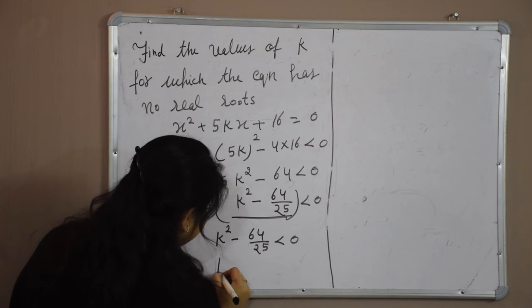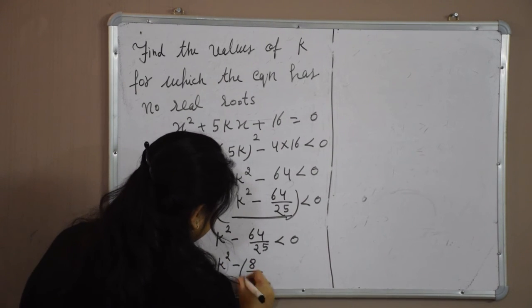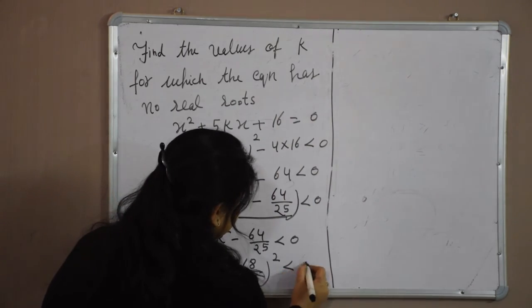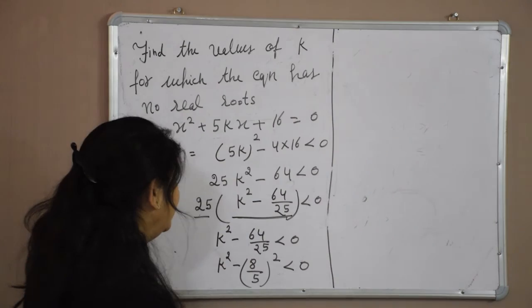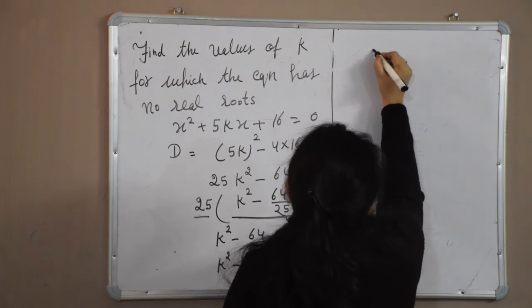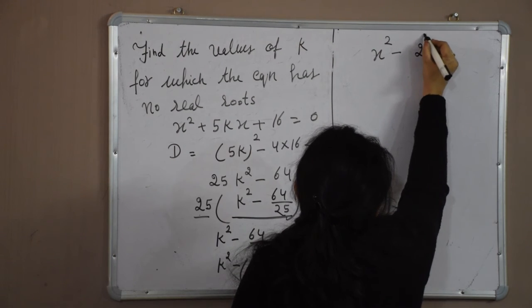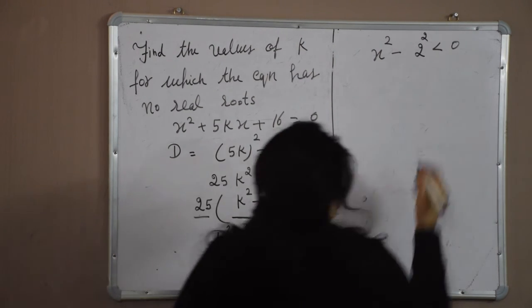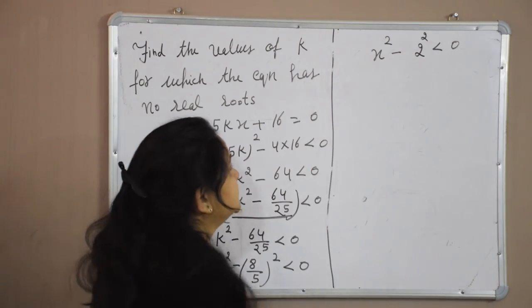And we can write it as k square minus (8 by 5) whole square is less than 0. Now I am going to tell you a very, very interesting result. Suppose I have x square minus 2 square less than 0.